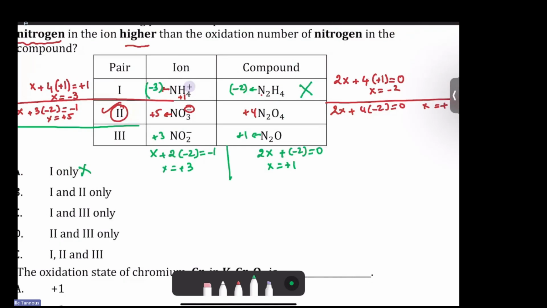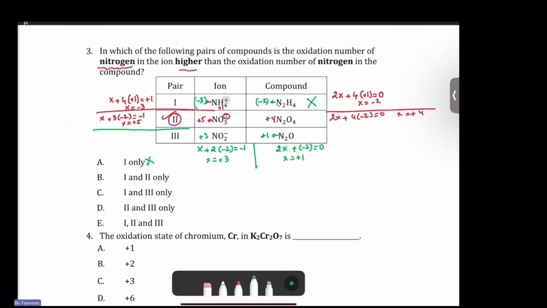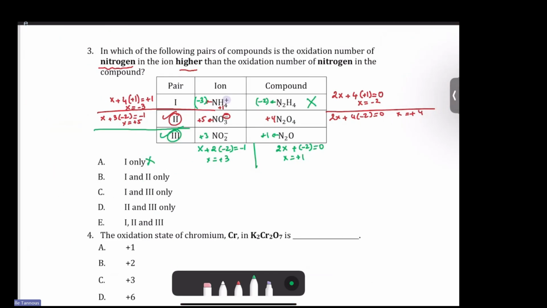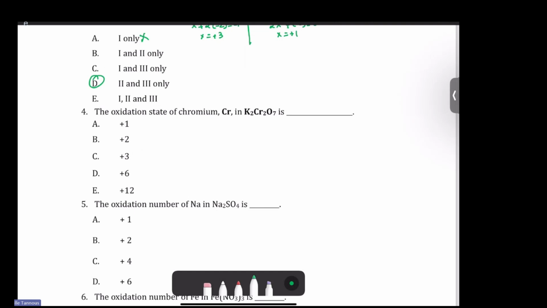So again, the ion is higher. I hope that this question is clear. So the answer is the second and the third. Any questions for this one? So this was my way to give you more practice on how to find the oxidation number.